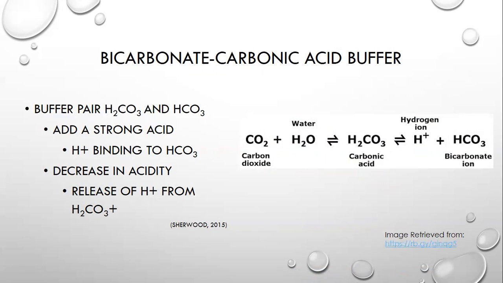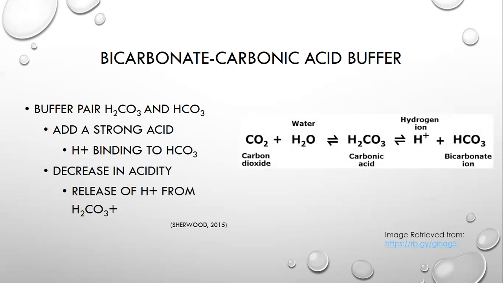If some type of strong acid, like hydrochloric acid, is added to a solution of this, the hydrogen ions would end up binding to this HCO3- to form H2CO3. This will only happen if the solution contains carbonic acid and bicarbonate, that buffer pair.